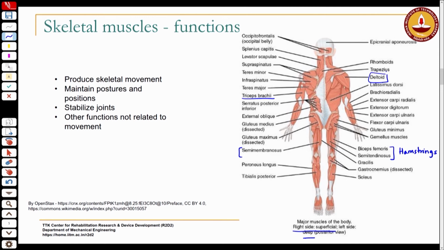Some of these names come from the shapes of them, their locations, etc. Then of course, you have the muscles of the back, the latissimus dorsi, and of course, these are the extensors and flexors of the fingers. So, you can see it has to do with the digits, the fingers. So, you can kind of guess some of their functions from the names of the muscles.